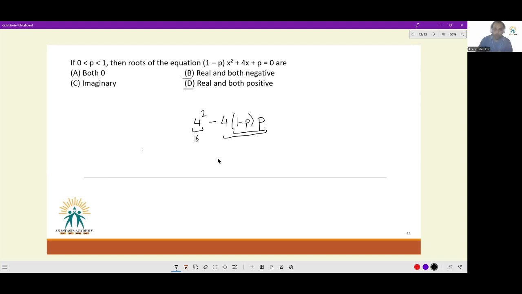Then what do we have to look at? The value of the variable here using Sridharacharya will be minus 4 plus minus under root 16 minus 4 into something, whole thing divided by 2 times 1 minus p. Now look at this expression. Can you see the 16 minus 4 into something will lead us to a value?